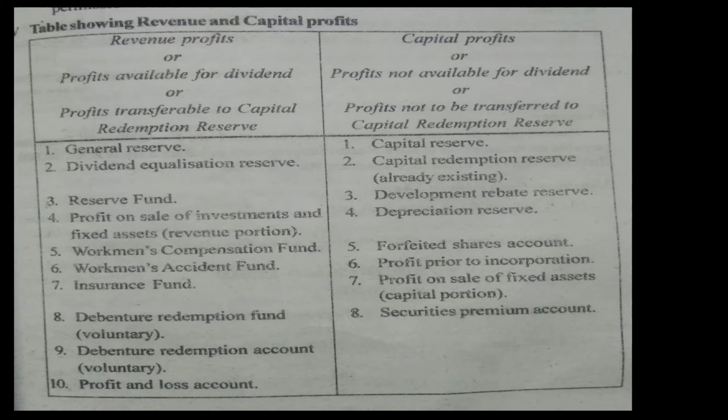The first column indicates the reserves which can be used to transfer to CRR. The second column indicates the reserves which cannot be utilized to transfer to CRR. You have to memorize this. Then we'll go to the next page.